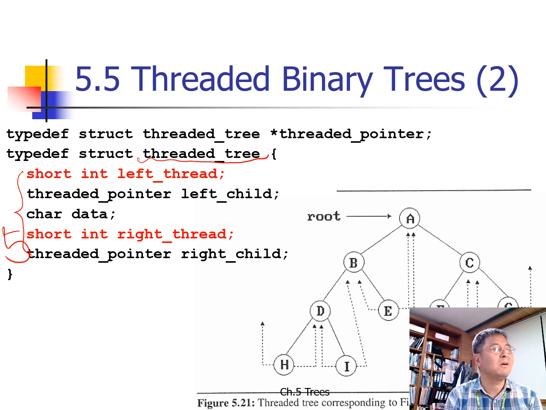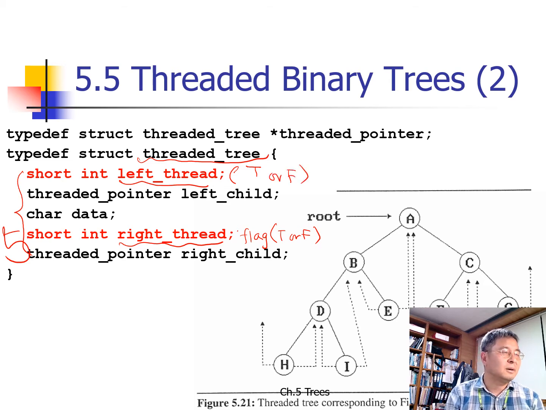As I said before, they added left thread and right thread, 2 fields. These 2 fields are flag fields. Flag field means that it is true or false. The other fields, left child, data and right child, are all the same as in the ordinary, general binary tree.